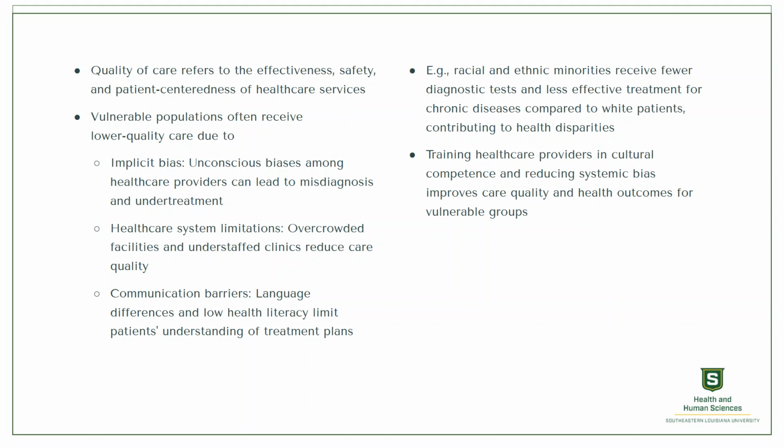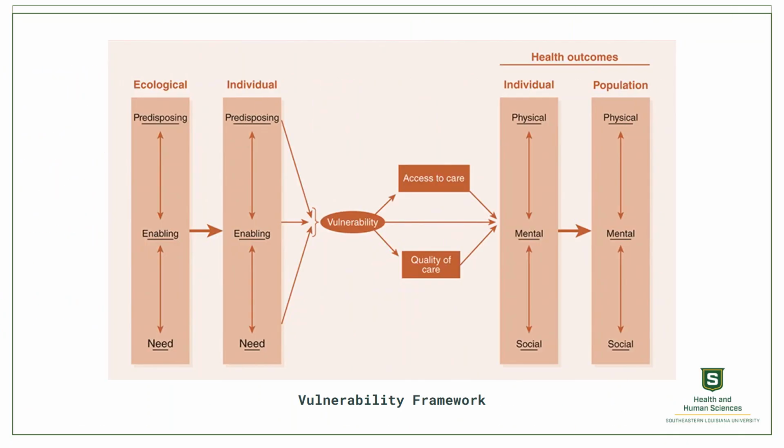So it's very important to train healthcare providers in cultural competence, which will help in reducing systemic biases and thereby increasing quality of care, and also thereby increasing health outcomes.